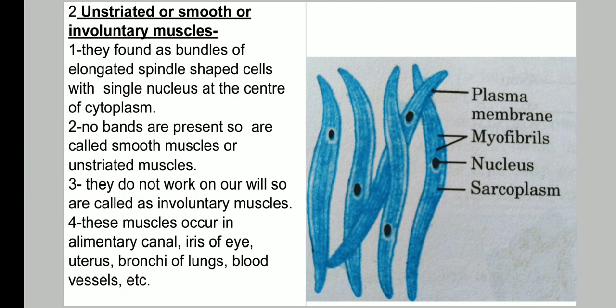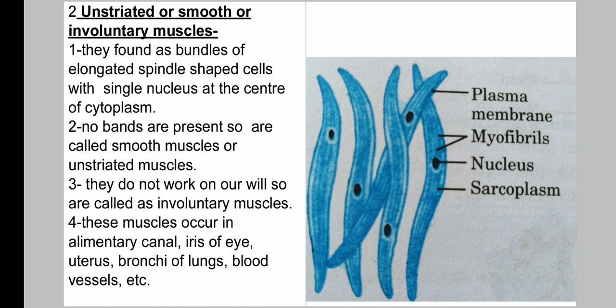Next is unstriated, or smooth, or involuntary muscles. You can see these muscles are found as bundles of elongated spindle-shaped cells with a single nucleus at the center of the cytoplasm. Now you can see the nucleus over here. It is not near the periphery, it is at the center, and only one nucleus is present in one cell.